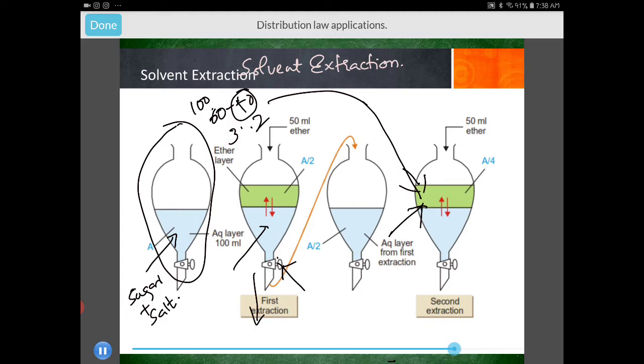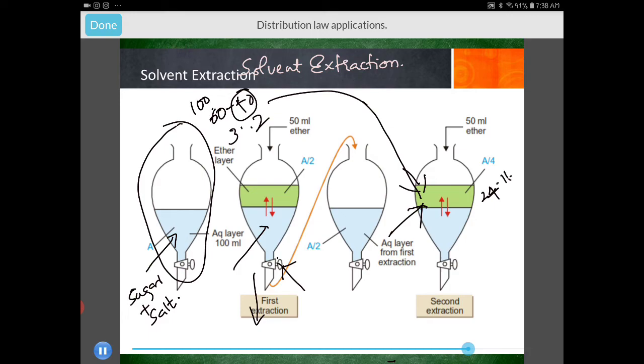So what is the 3 part of 40? If you take 5 into 8, the ratio will become around 24:16, like that.